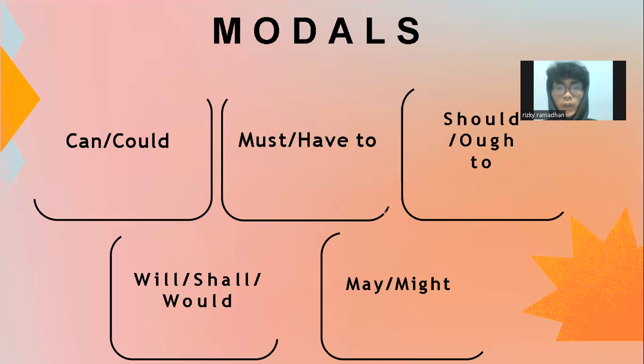In the negative form, must not is used to express prohibition, while doesn't or don't have to state there is no obligation or obligation. For example, I must tell you this. You are sick, you have to go to the doctor.